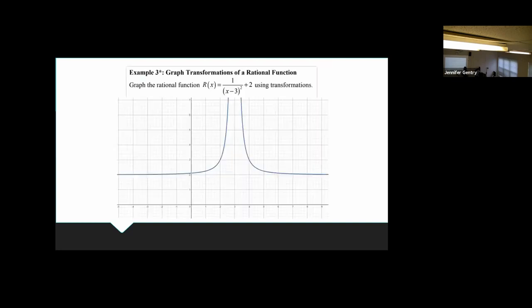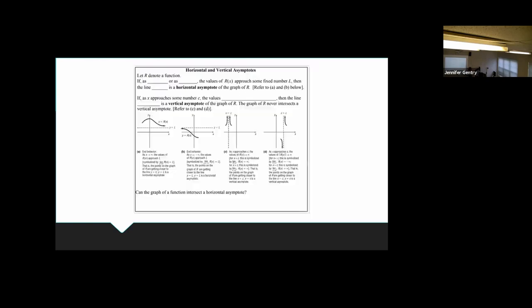If I go back, we have one of those dotted lines here at x equals 3, going up and down. It's never going to be equal to 3. Because what happens at 3? My bottom is 0, which is illegal. We can't do that, right? So it's never going to be 3. And we've got our other asymptote at 2.